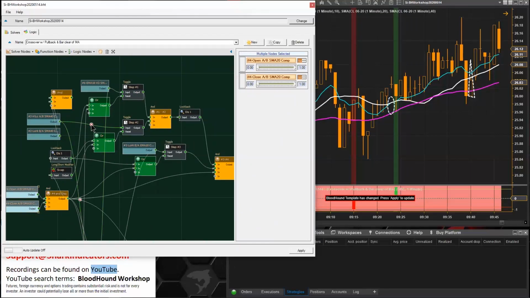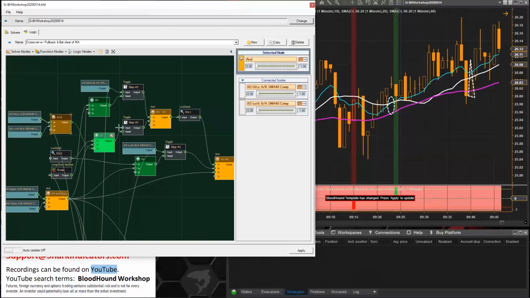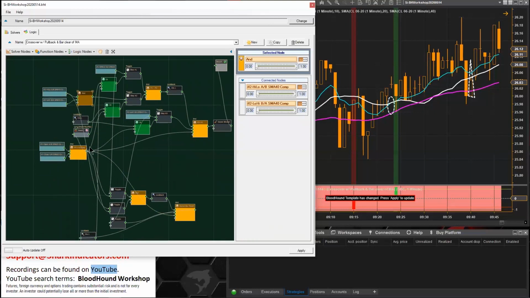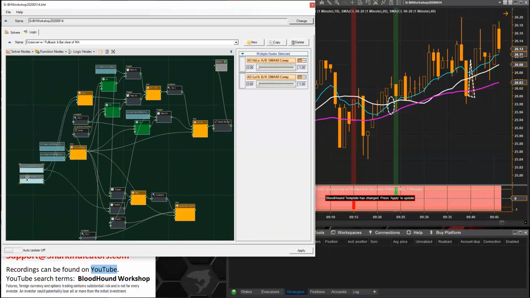Let's disconnect that, and that goes into our toggle node. We also have this leader coming way down here. Where is it going into? Right there. So we're going to take this AND node and connect it up right there.